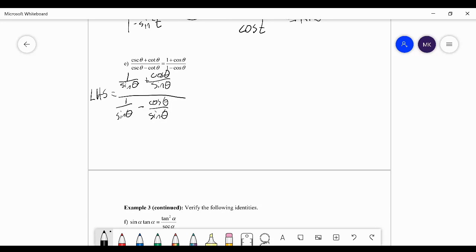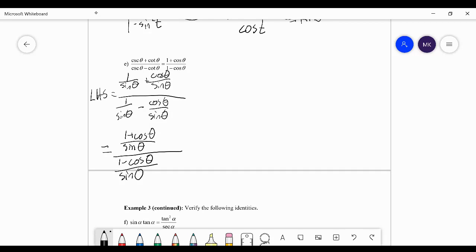Okay. Now, look at both of the numerator and denominator. We can see that they have the exact same denominators in their own fractions, right? We have 1 over sine theta plus cosine over sine theta, right? So I can just add these. So when I add the numerators together, I get 1 plus cosine theta over sine theta.